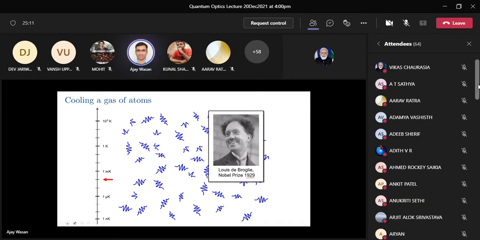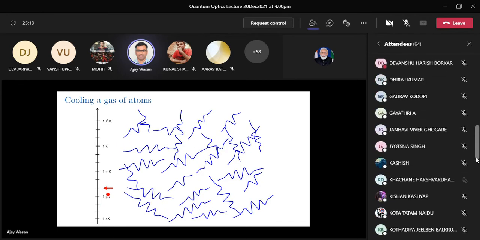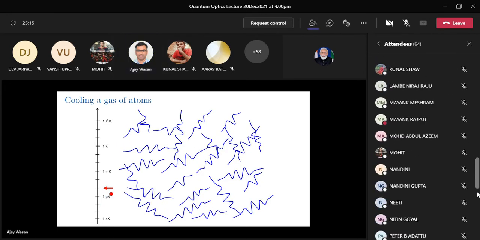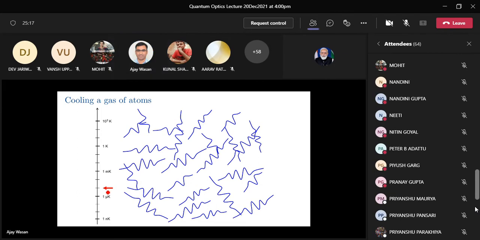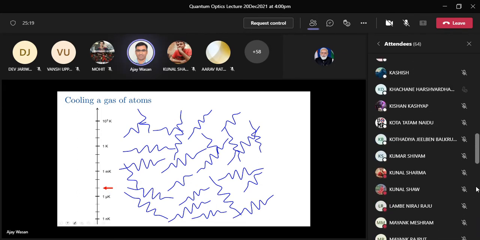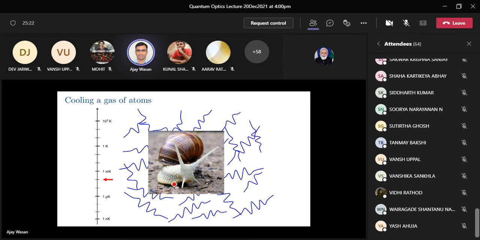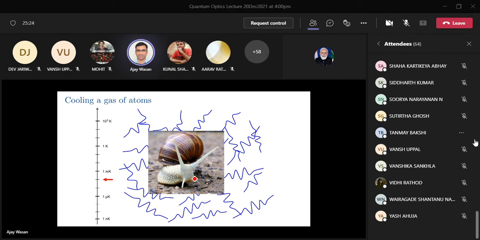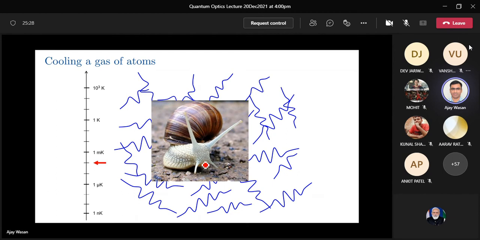Then we reduce the temperature more. I'm coming here. You can see almost 10 microkelvin somewhere. Then atoms are moving just like a snail. I'm showing here, it was a plane. Now we have reached the snail. But as we reduce the temperature, you can see the de Broglie wavelength size increasing.